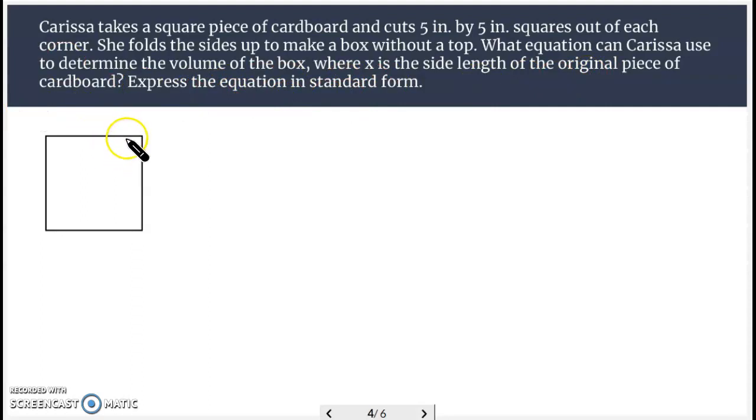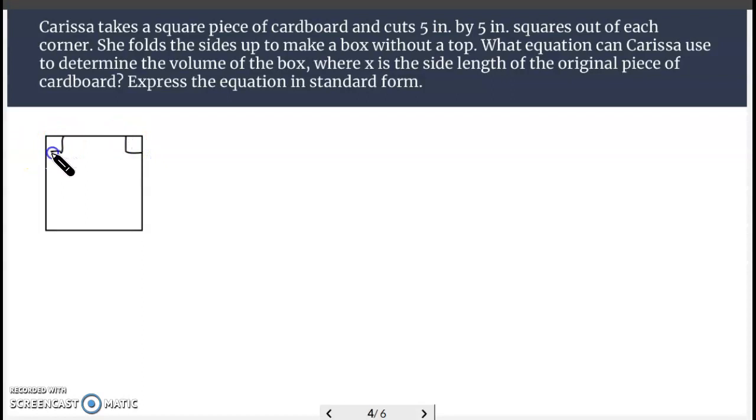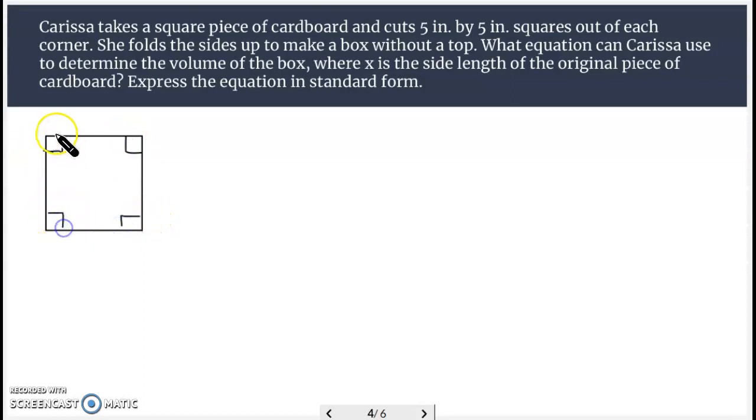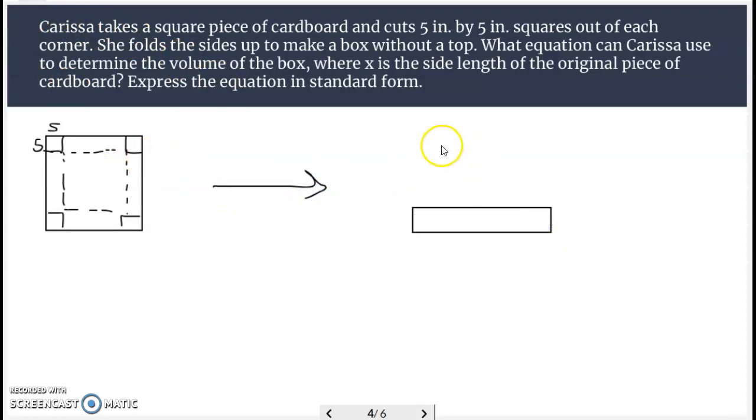So it's a square piece of cardboard. She's going to cut out little corners, and each of those corners is 5 by 5. Then basically what's left, the dotted lines here, you just fold on the dotted line, and then you have this shape here, which I'll try to simulate the best I can, the 3D shape, kind of a box that's formed.